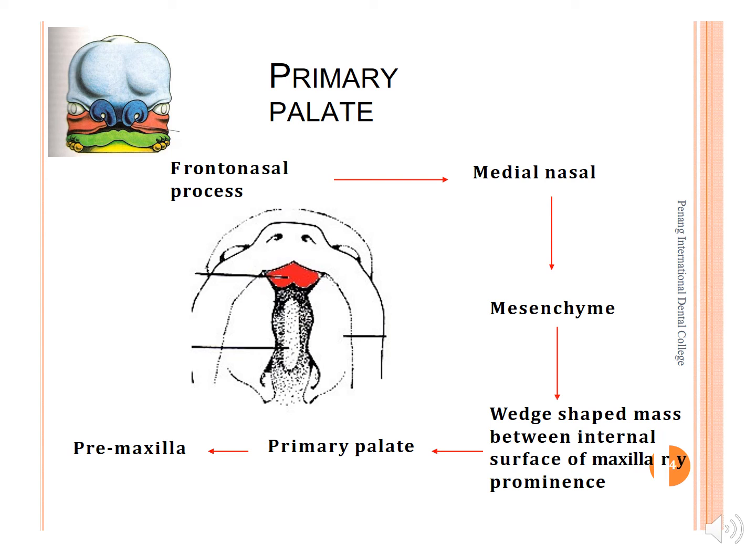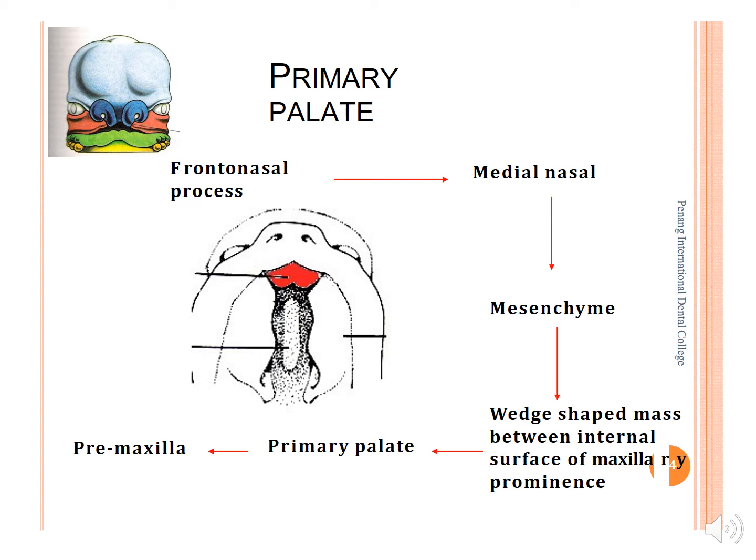Initially, the medial nasal and lateral nasal process come into contact, and secondarily, the medial nasal and maxillary process come together just below and in front of the contact site between the medial and lateral nasal process, and they will pinch some epithelium between them.